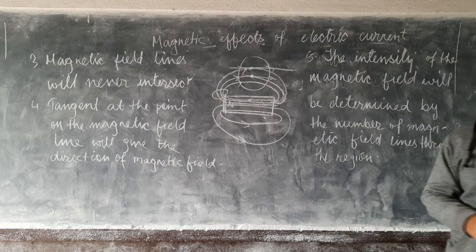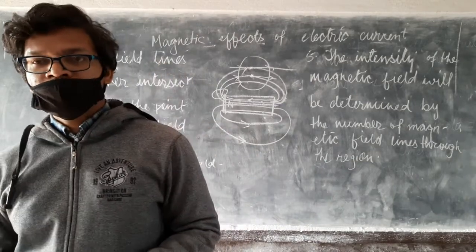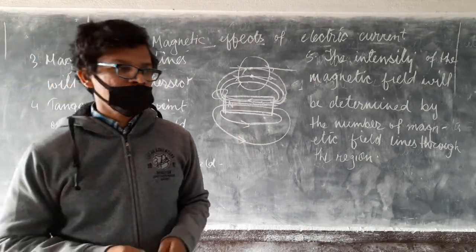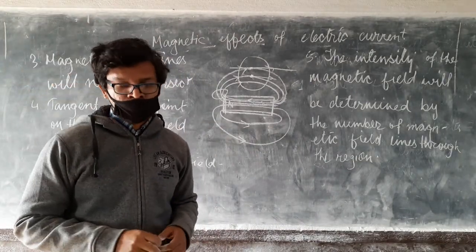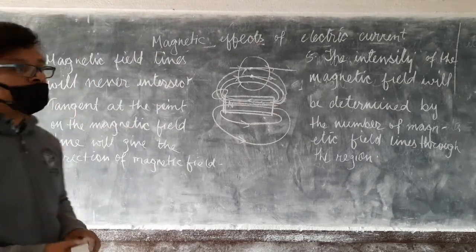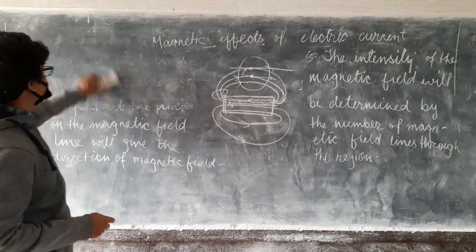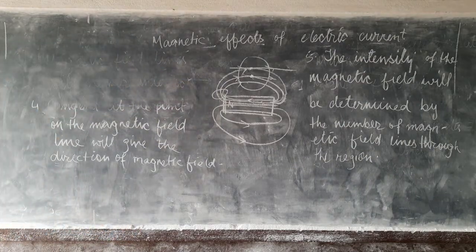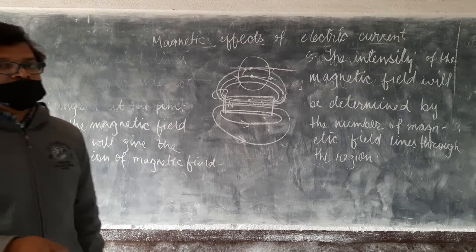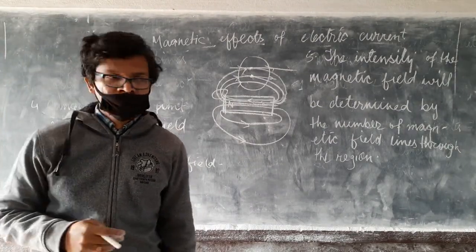So if number of field lines passing is more, that means at that point or at that region the magnetic field strength is more. So intensity of the magnetic field is basically the strength of the magnetic field.